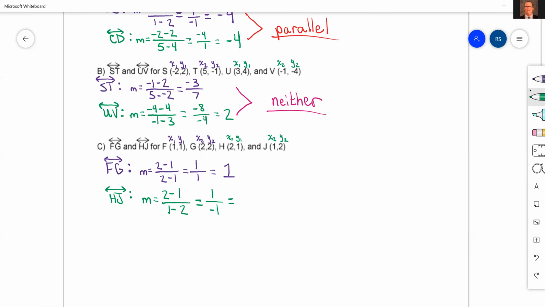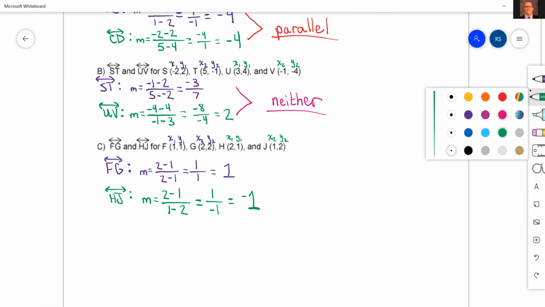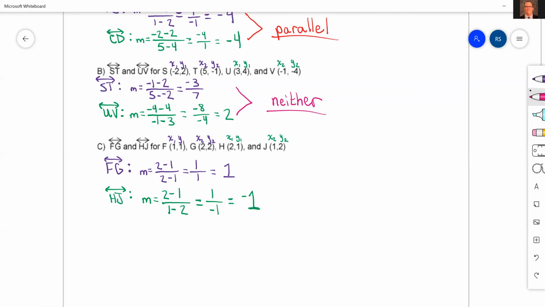So now 1 divided by -1 is -1. Now look at these. Do they have opposite signs? Yes. Are they flipped? Sure. I mean, 1 over 1, you flip it, you get 1 over 1 still. So these would be perpendicular.